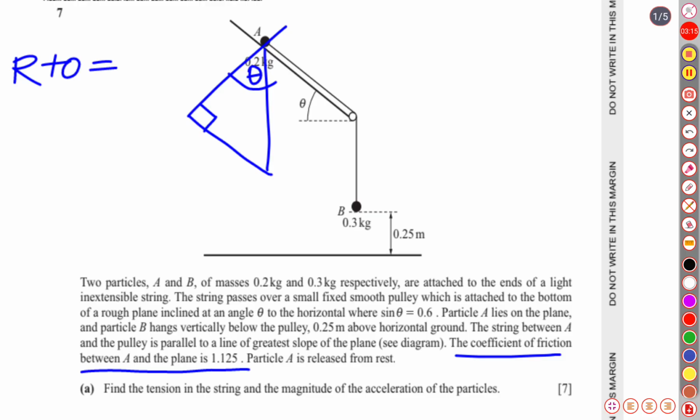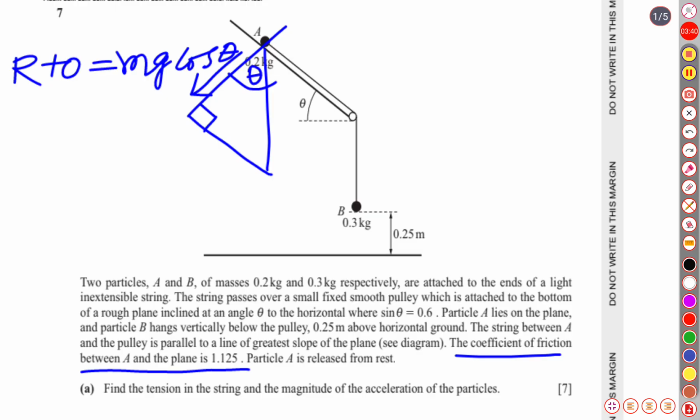Then the downward force is along this one. In terms of this triangle, this is the horizontal axis, x-axis. So we know the x-axis component is equal to mg, means weight, cos theta. Now we will have to find the value of cos theta.